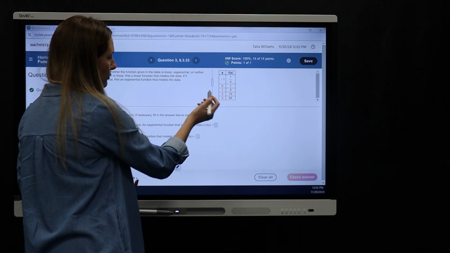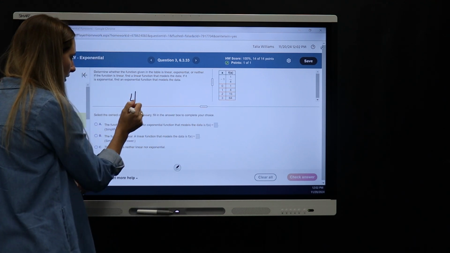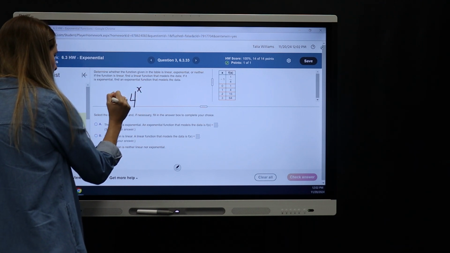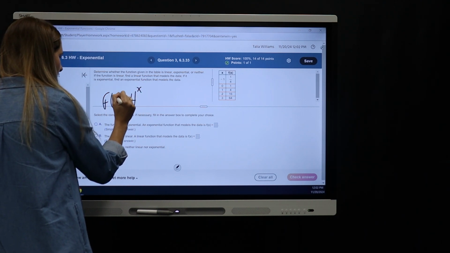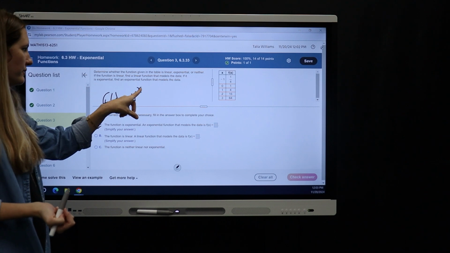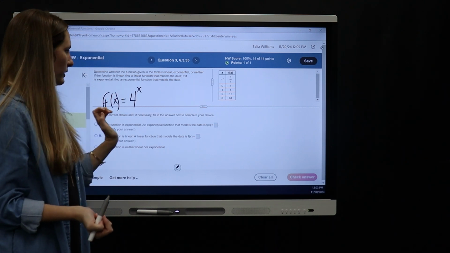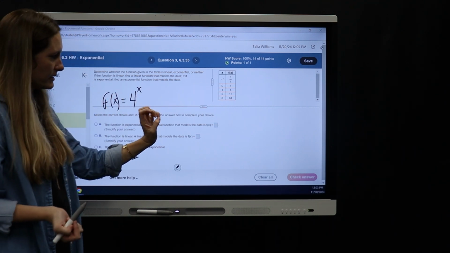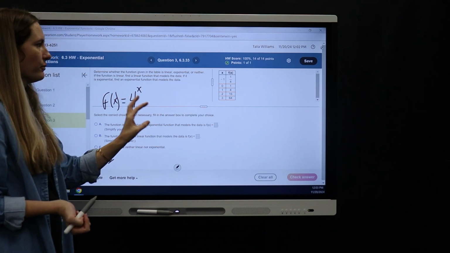So at 1 I have 4, so my base is going to be 4. x is my unknown, and this is my y value. So f of x equals 4 to the x is my function. I know this because if I put 0 in, I'm going to get 1. If I put 1 in, I get 4. 4 squared is 16. 4 cubed is 64.